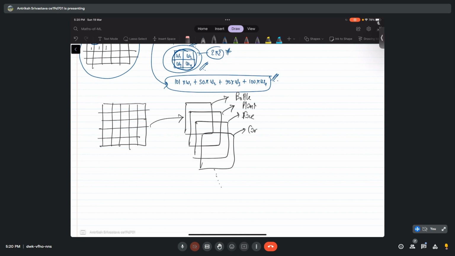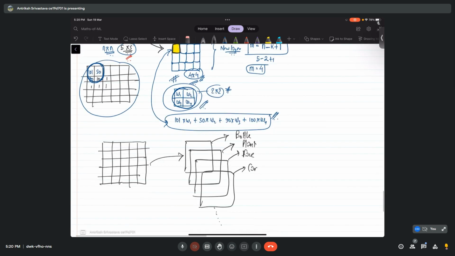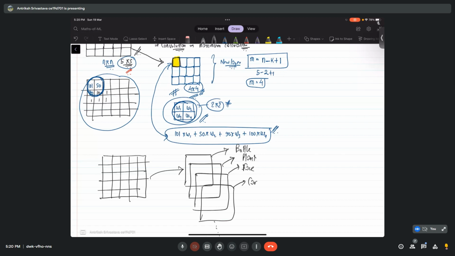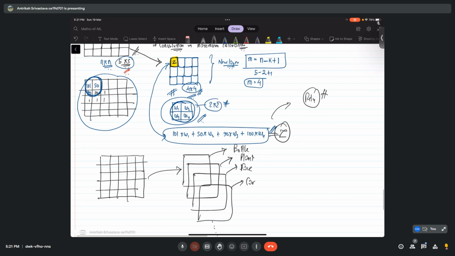And what will happen now? These things will have some kind of z value, and in here also you use the ReLU activation function. So you won't have just directly the value of, let's say this was z. You use a ReLU function and you have the activation either 0 or z.